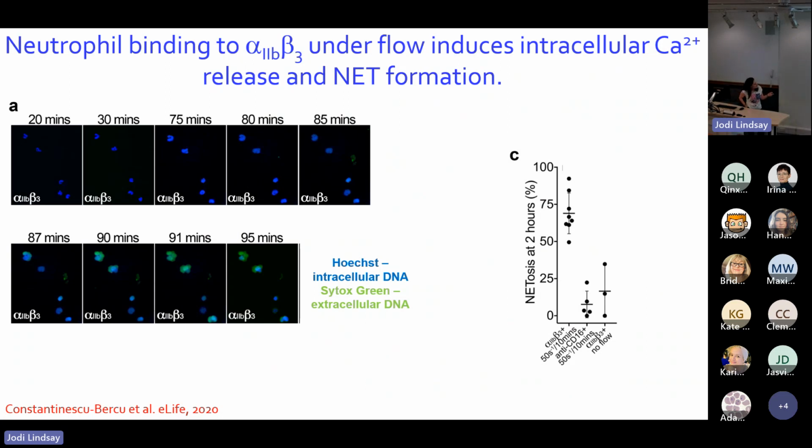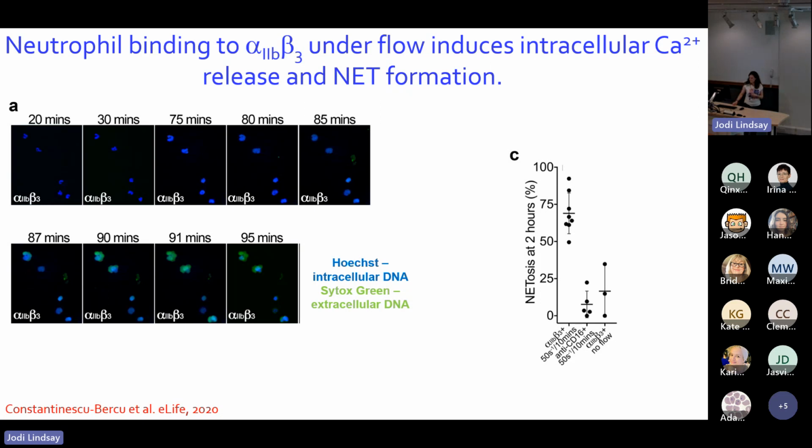After about, I don't know if it's showing up very nicely, but after about 60 minutes, you can sort of see the nuclei becoming a bit fuzzy, suggesting DNA decondensation. And progressively, you have the green color appearing, which is a stain that stains extracellular DNA. So this suggested membrane permeability after about 85 minutes.